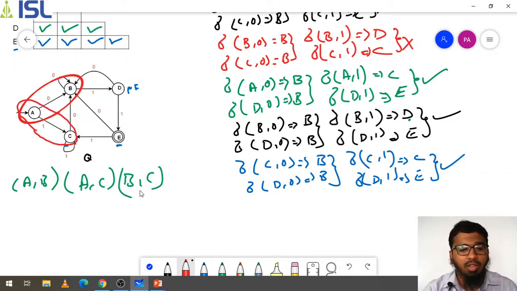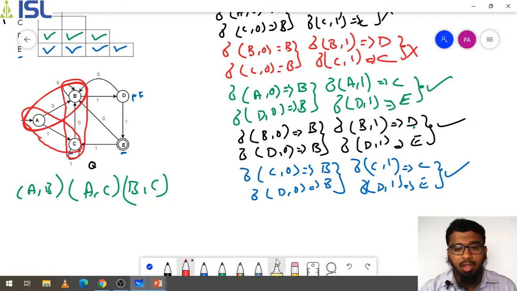Then B comma C. So these are the remaining unmarked pairs in the table, which we have marked in the graph.